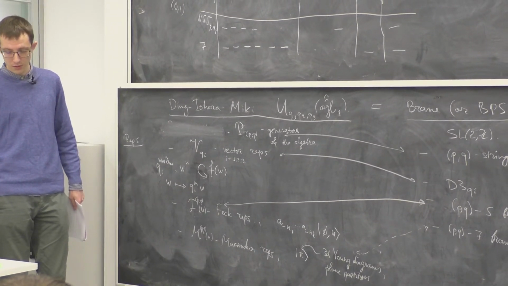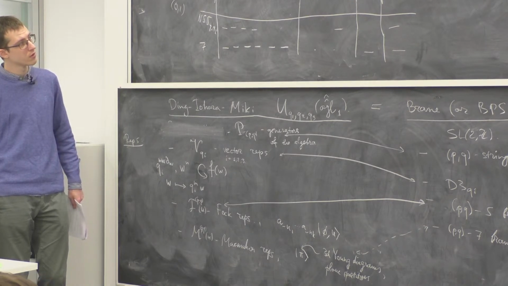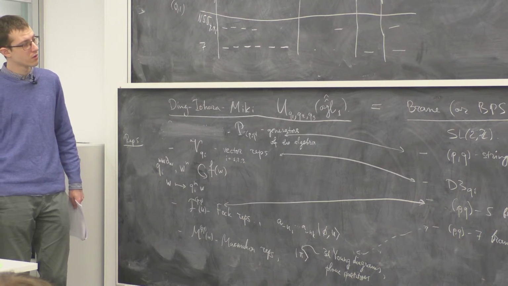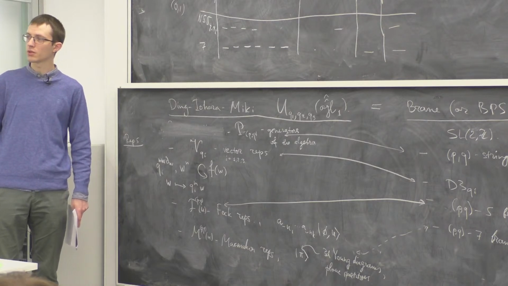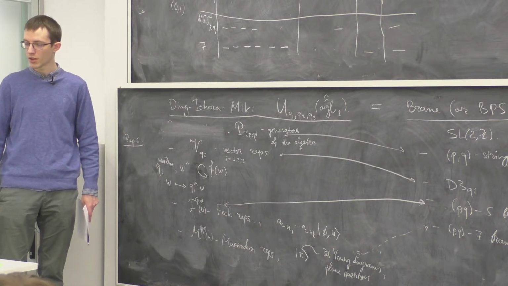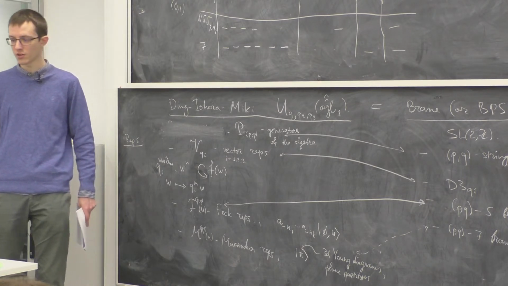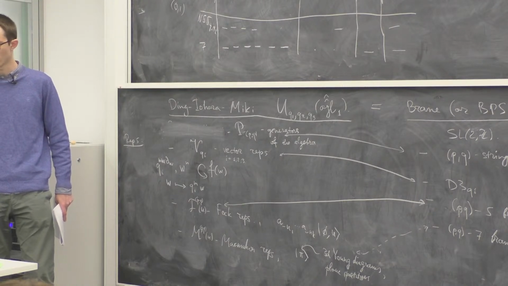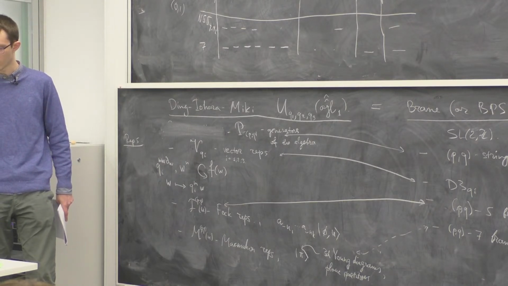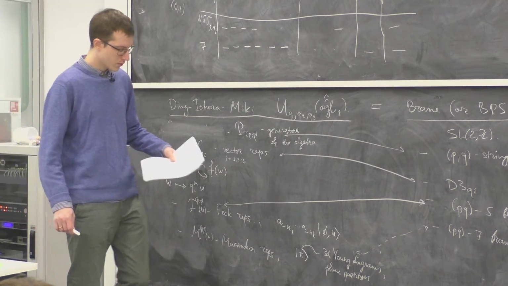I will have relations between intertwining operators, relations from the geometry and from physics of the branes. There will be some relations between intertwining operators and R-matrices. So that's the idea.